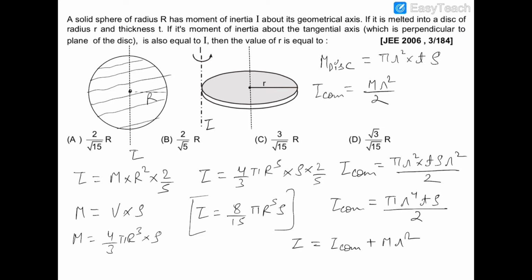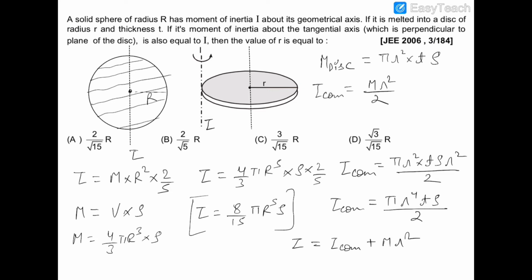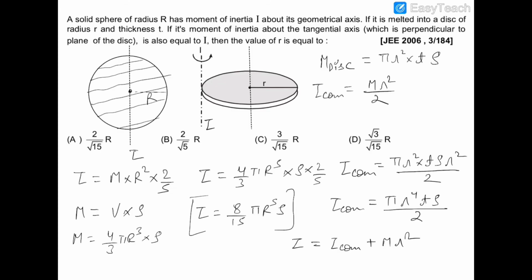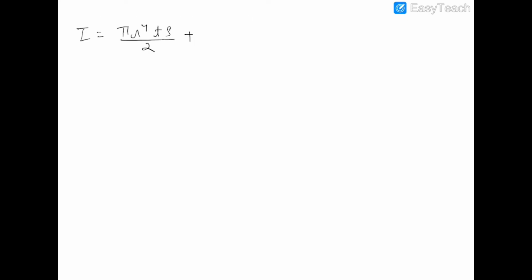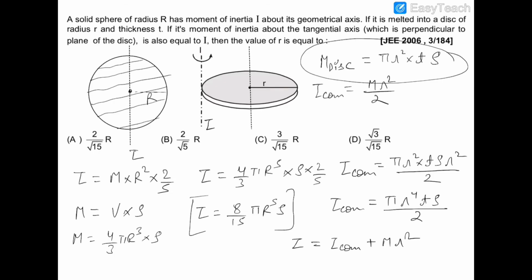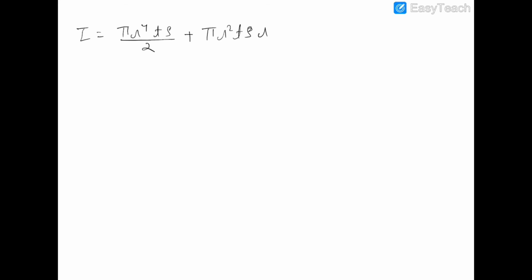So I would be equal to ICOM, which is pi r to the power 4 t rho by 2, plus m R square, where m is pi r square t rho, into R square. So I would be equal to 3 by 2 pi r to the power 4 t rho.